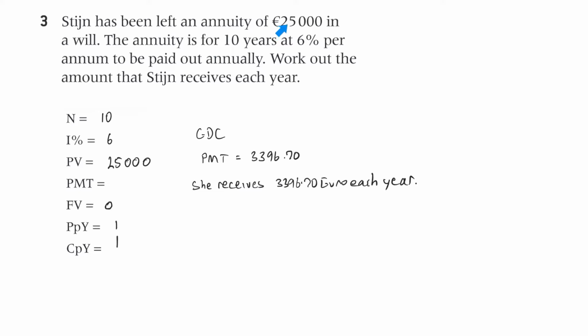The initial value, present value, is 25,000 euro. Future value is 0, goes down to 0. Now we're trying to keep these as 1, and that's easy here because it's annually and it's a per annum interest rate. How much Stinge receives each year, that's the one we're looking for. Put in the calculator, it comes out to 3,396.70 euro, and it's positive, so she receives the money.